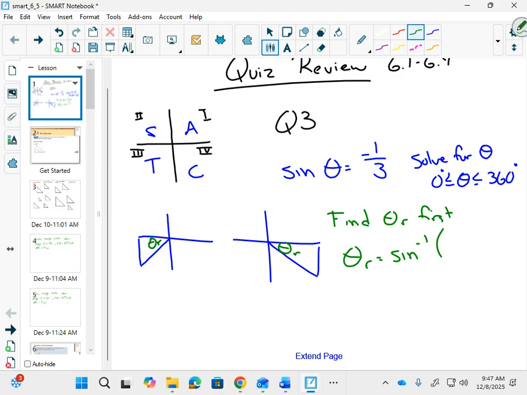And in here, something really important for reference angles: that's positive. It always has to be positive. So I go to my calculator, and I go sine inverse of 1/3, and I get 19.471 degrees.